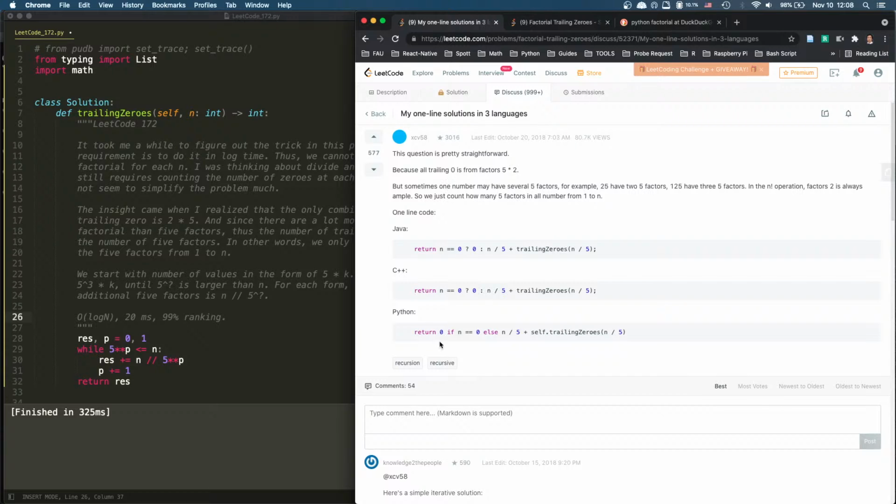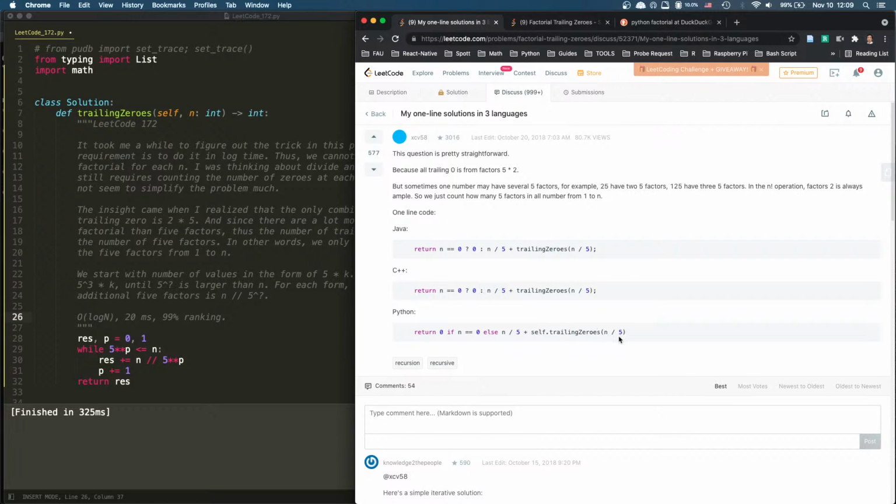So else n divided by 5, that's the number of 5s. And then we do self.trailingZeroes, n divided by 5.